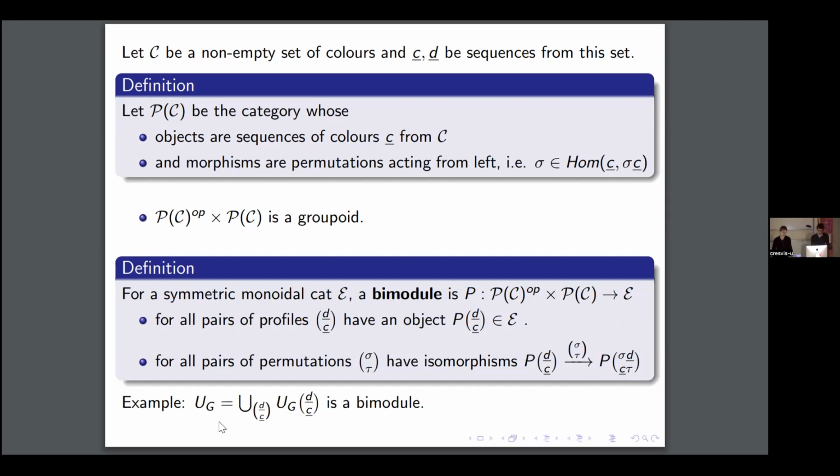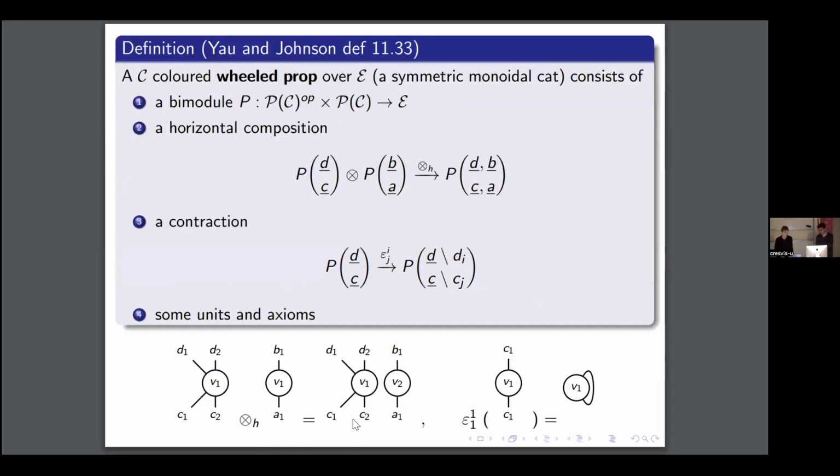And the set of graphs that we saw on the first page is actually an example of a bimodule. If you have any graph with inputs and outputs, then you can just permute the inputs and you can permute the outputs. So a wheeled prop is just this underlying bimodule with two further compositions.